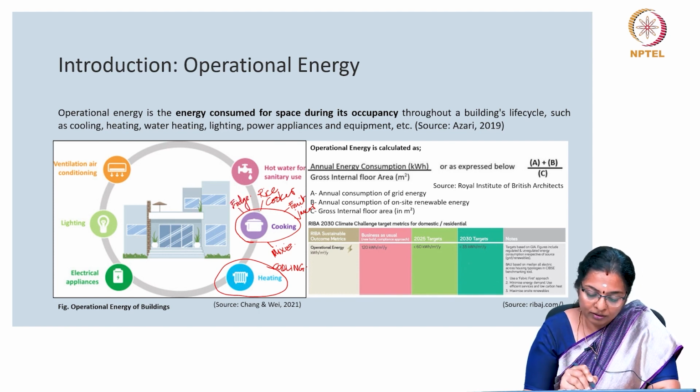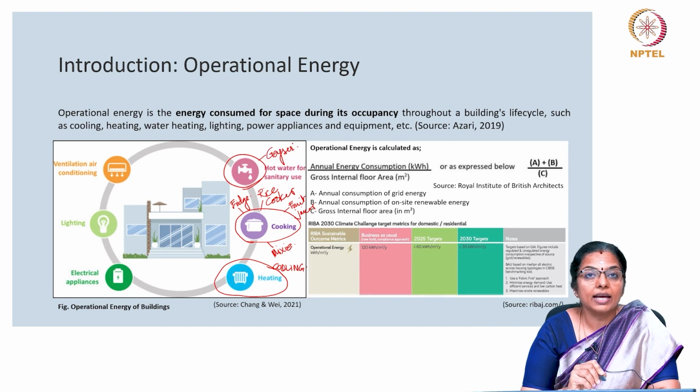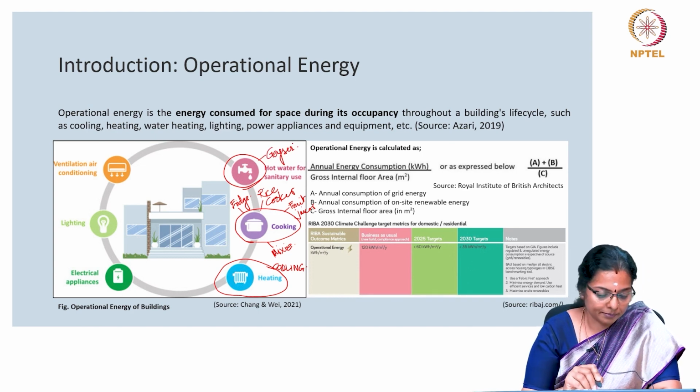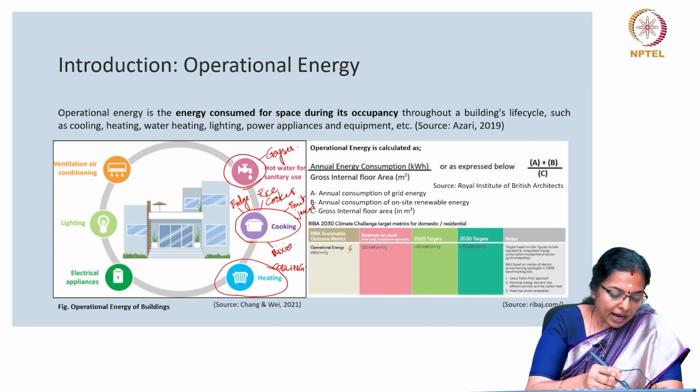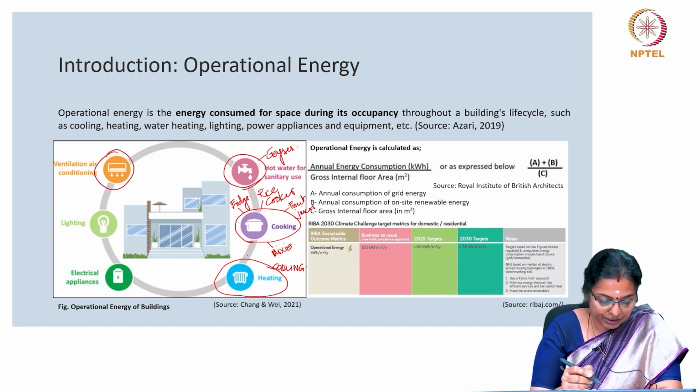Then hot water for sanitary use, which we mean as the geyser. This consumes energy, and we can make it energy efficient by having star rated geysers. So, that is the way out. And then ventilation and air conditioning, which we have already covered in heating.